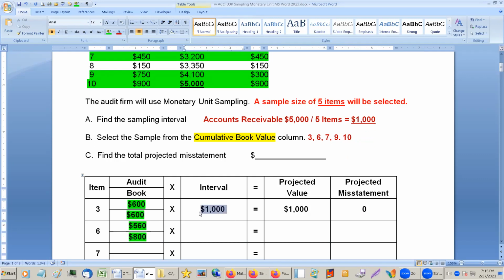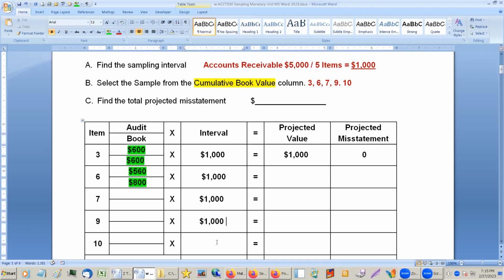The interval is still 1,000. Actually, all the intervals are going to be the same here, 1,000 for each one. So 560 divided by 800, times 1,000, is 700. Check that.